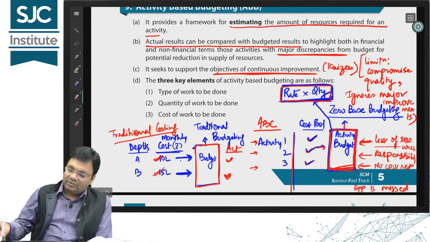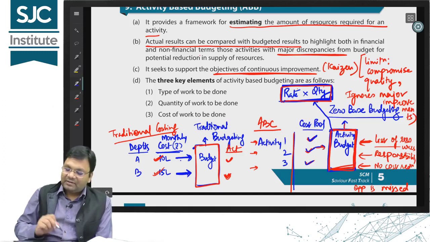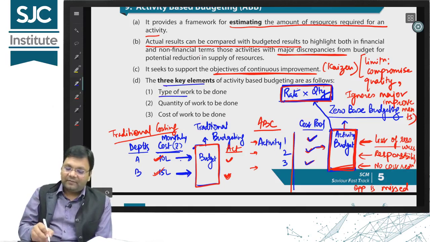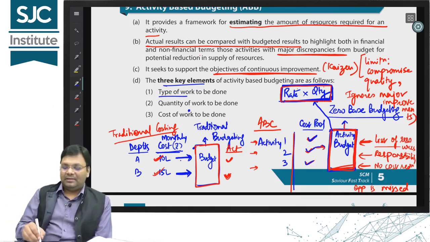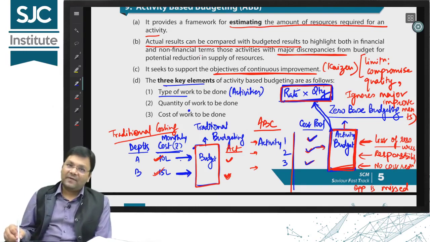Okay, so these two are the limitations of Kaizen, and there are three key elements of activity based budgeting. It makes you aware about the types of work to be done, that means the activities that are required to be done. Then the quantity of work to be done, because activity cost will be coming from the list of resources required for that activity.